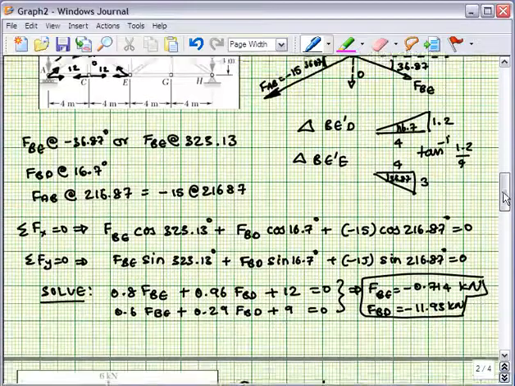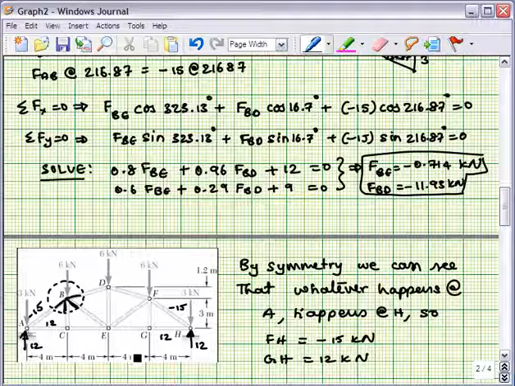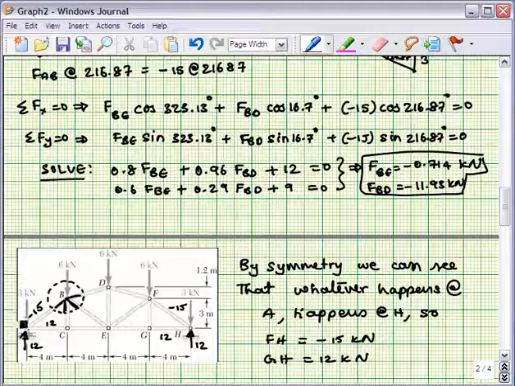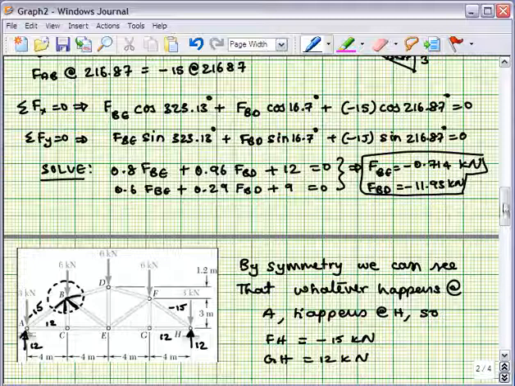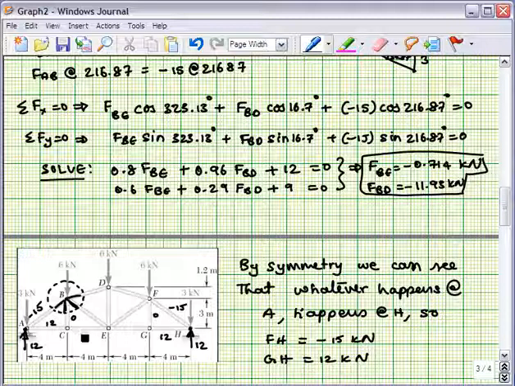So again, we have now solved more. And the point which I wanted to make here is the fact that by symmetry, whatever happens at this point at A also happens at that point. So I get 12, 1, minus 15, 12, 1, minus 15. If that's 0, that's 0. This is 12, that's 12.